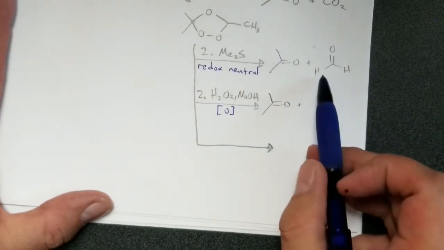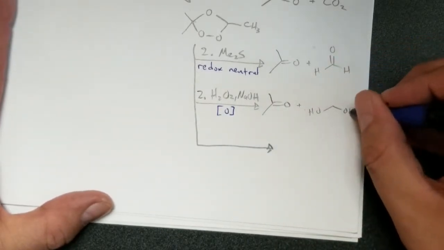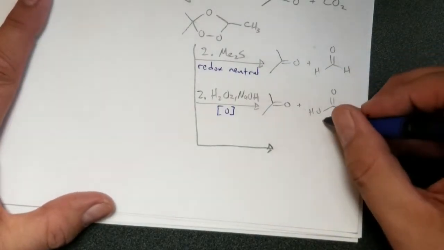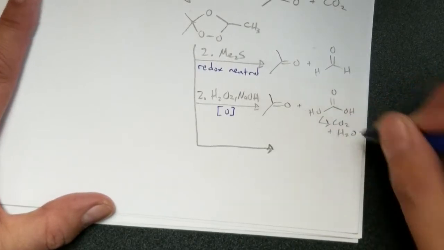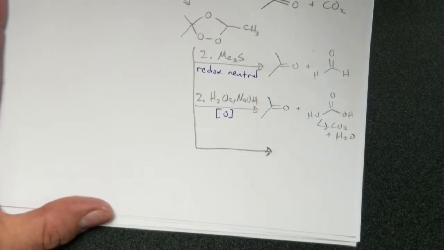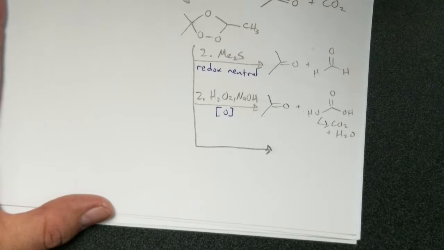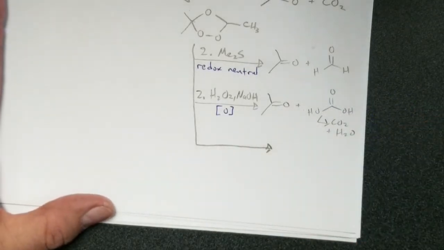And then instead of having the H's here, we have OHs. But if you recall, this becomes CO2 plus H2O. That's carbonic acid. You probably learned that in your freshman chemistry class, that H2CO3 becomes H2O and CO2. That's that compound. This is H2CO3.